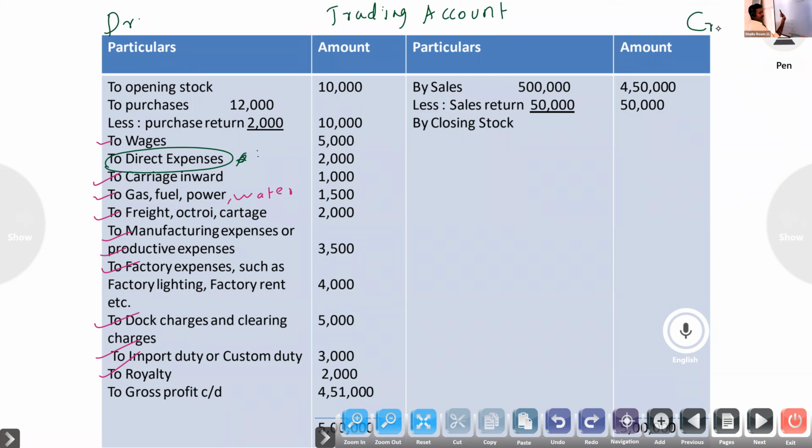We can make one compound entry: trading account to opening stock, to purchase, to wages, to gas, to freight, to everything. If it is the credit side, then sales account to trading account, and closing stock account to trading account. If any journal entry is asked, you can write like that. No need to explain because you know the ledger.